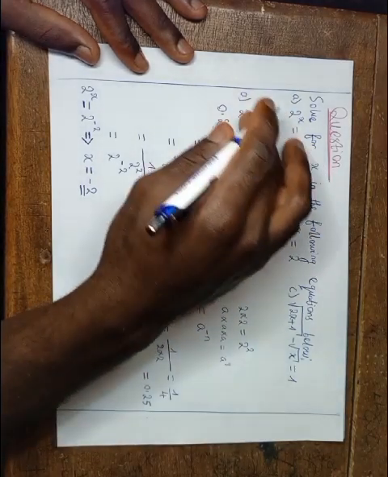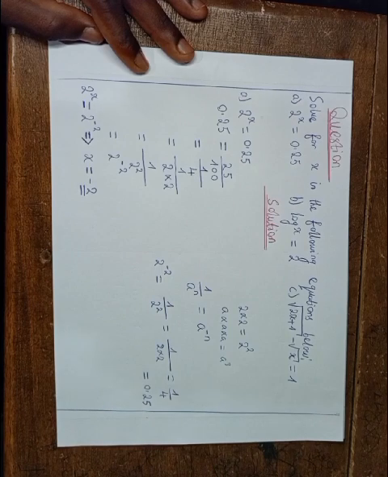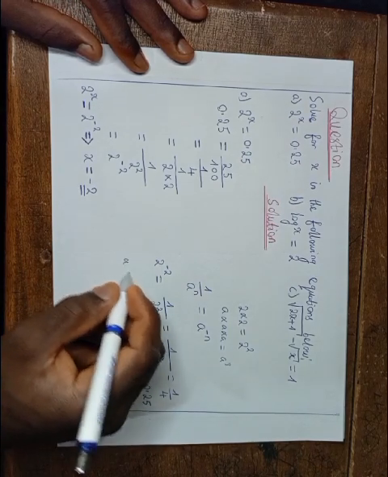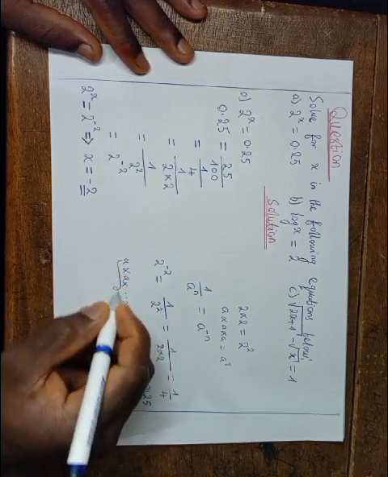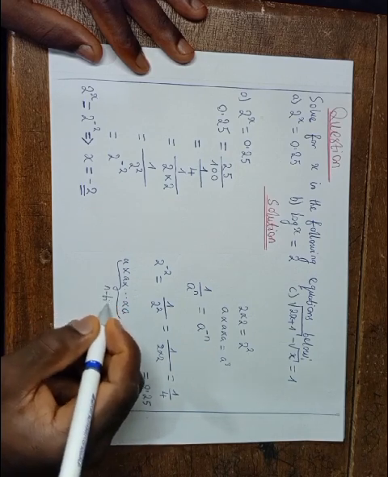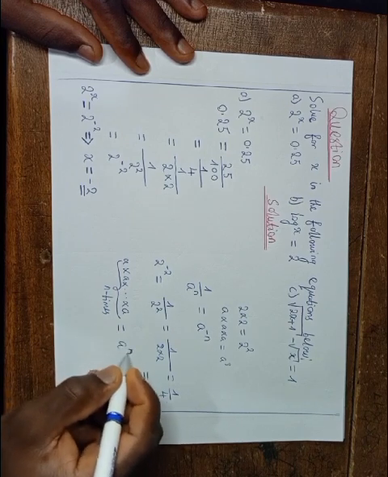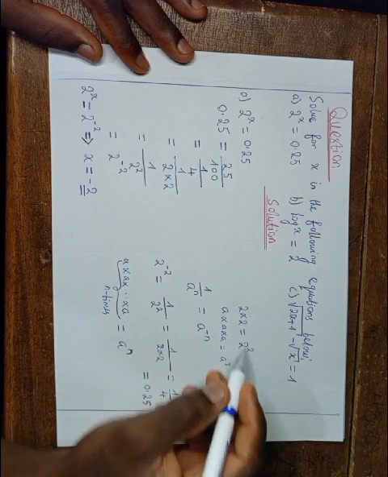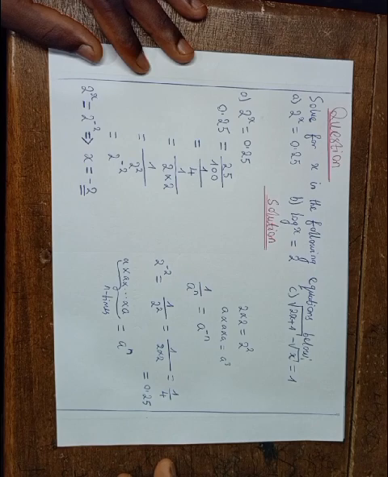You can see the left hand side will be equal to the right hand side. Take note of that. With indices, if we are multiplying a by itself n times, this will simply be the same as a to the power n. That's why we express 2 times 2 as 2 raised to the power 2.